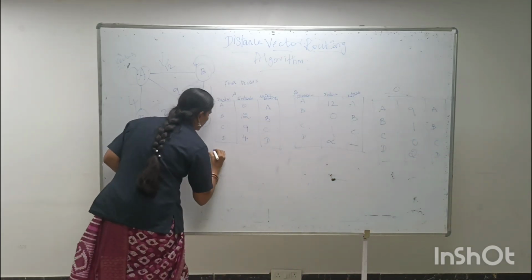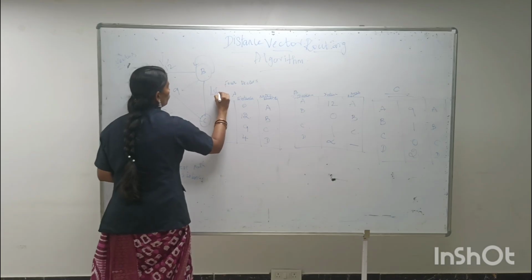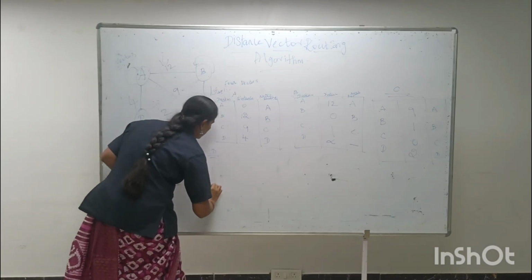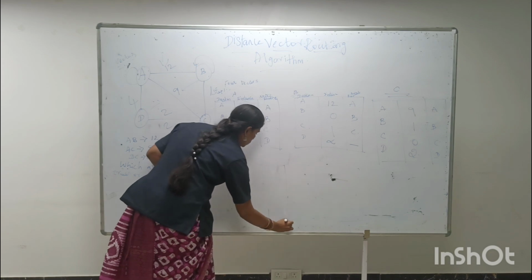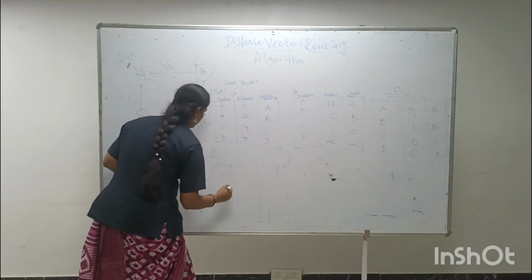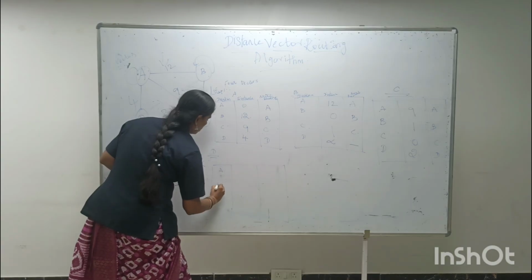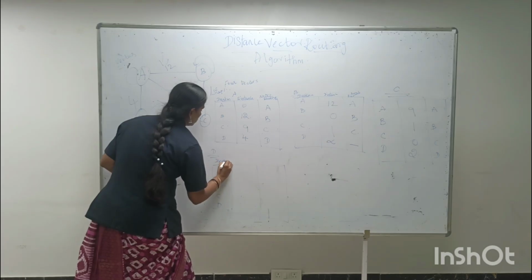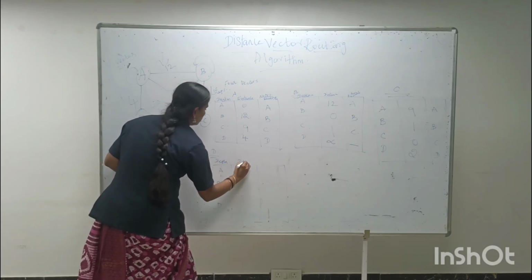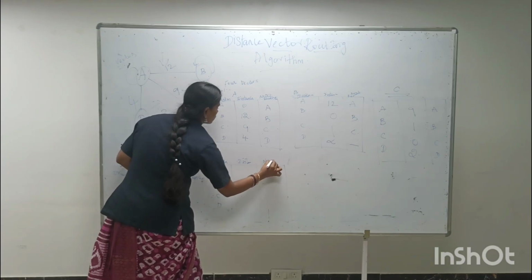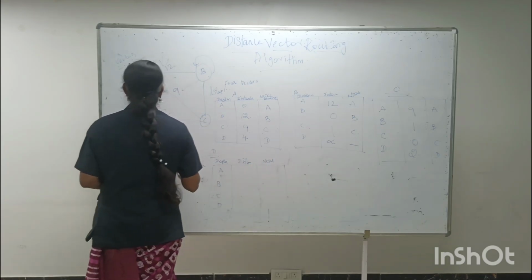So for D, this is our step 1. For D also we are going to write A, B, C and D. This will be our destination, this will be our distance, and this will be our next route.